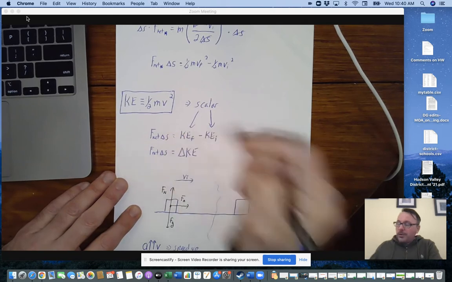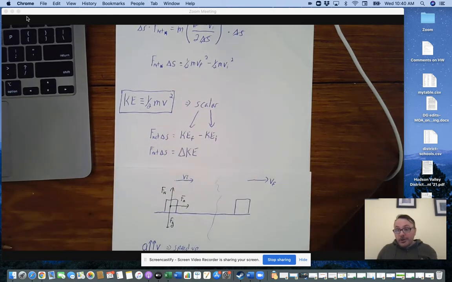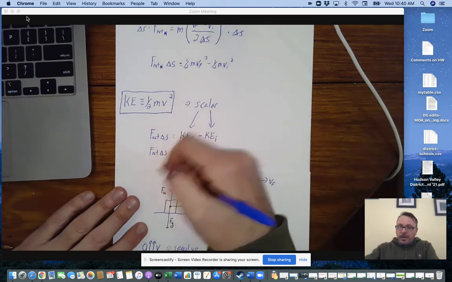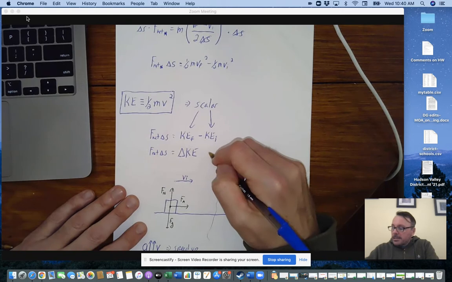And now, hopefully you see that this mirrors the impulse-momentum theorem, except on the right, instead of having delta P, I now have delta KE. And on the left, instead of having delta t, I have delta s. So whatever this is, and we're going to give a name to it, we're going to reformat the left side in a couple minutes.